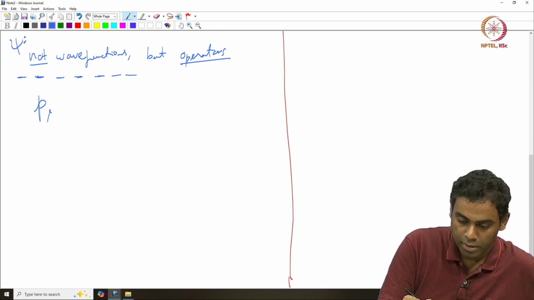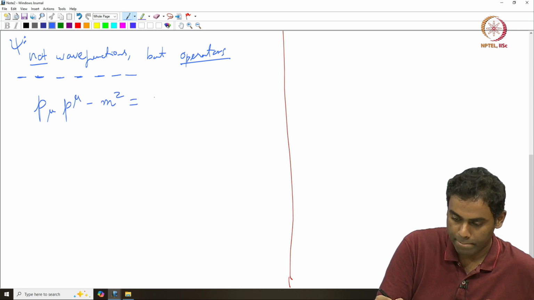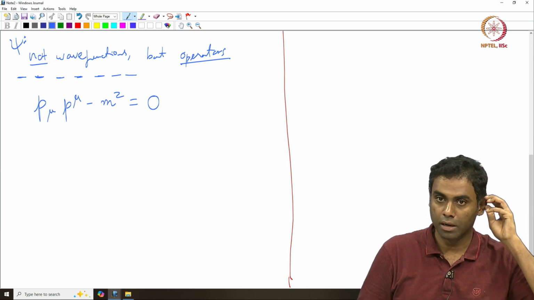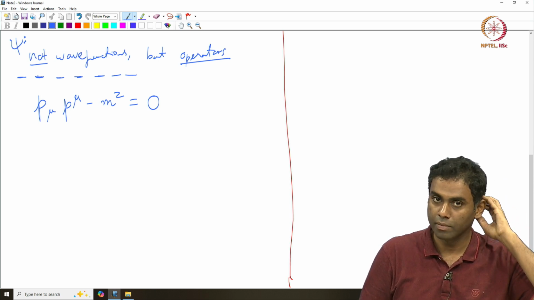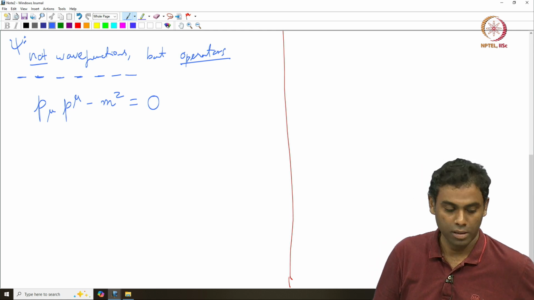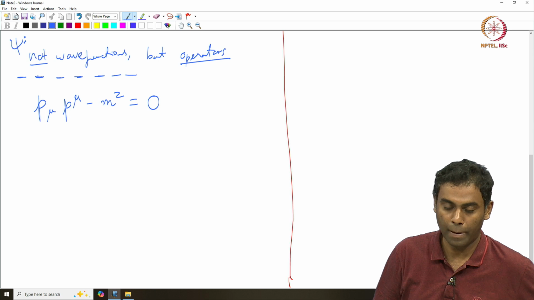Again remember this relativistic equation, of course in field space, is what we are trying to get, but including quantum mechanics, correct.